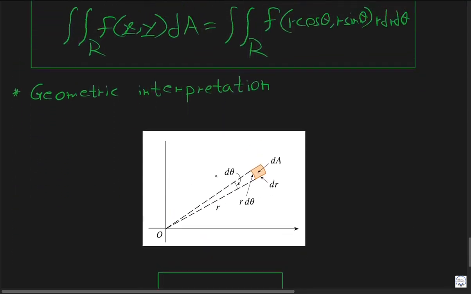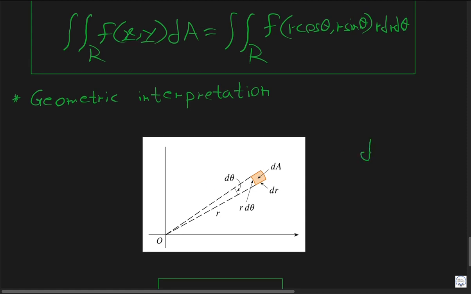Now let's try to geometrically interpret how dA really is r dr d theta. Doesn't look very intuitive, right? However, if you look at this small area, this is an infinitesimal area element. If we want to find the area of this small rectangle, we need to first find the length of these sides.